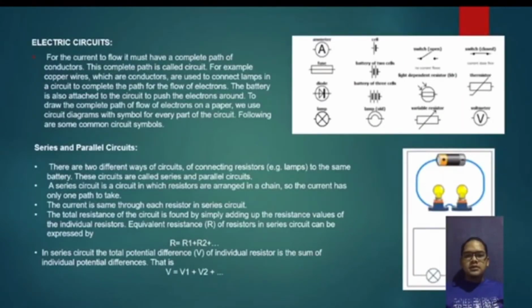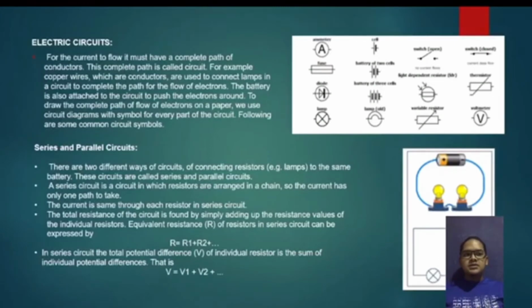In an electric circuit, for the current to flow, it must have a complete path of conductor. This complete path is called a circuit. For example, copper wire, which is a conductor, is used to connect a lamp in a circuit to complete the path for the flow of electron.